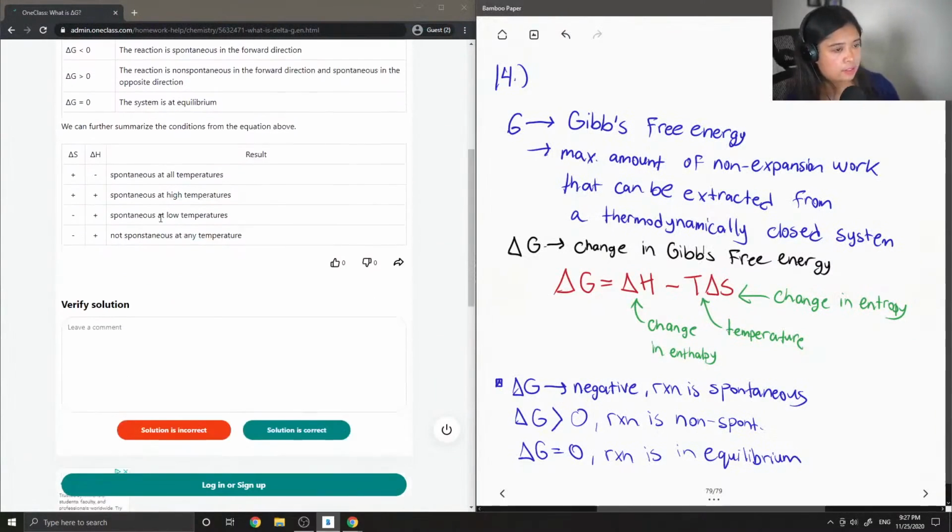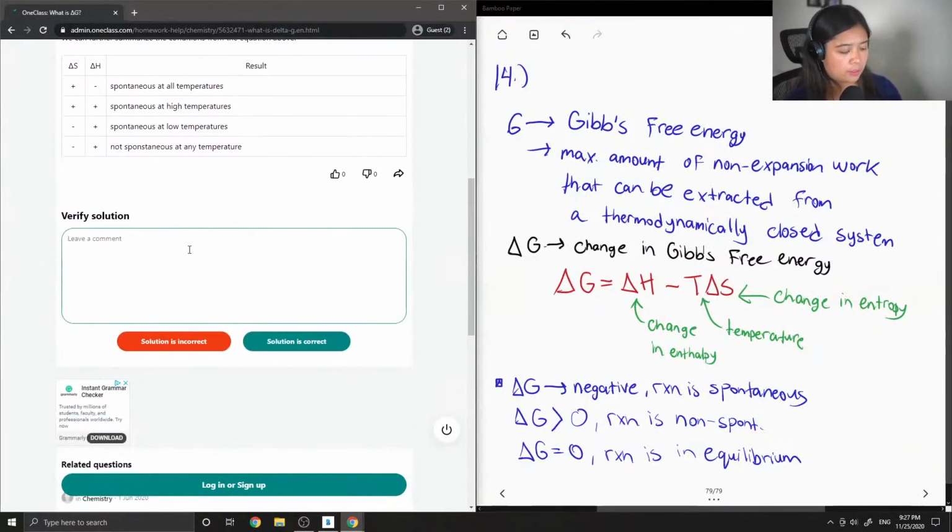So this solution is correct, but I'll also just add the actual definition of Gibbs free energy. Since, yeah, there's kind of more to it than just the spontaneity of the reaction.